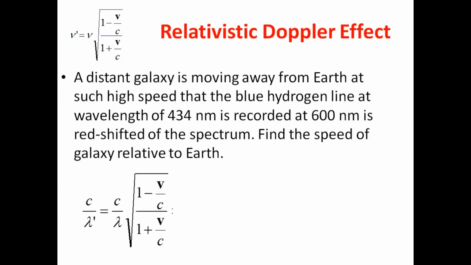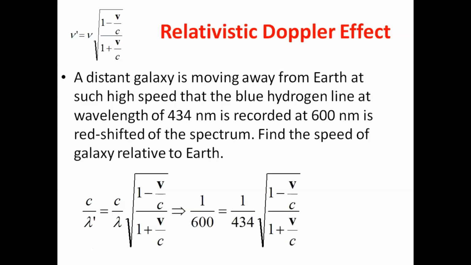So the obvious formula is we are replacing nu by c upon lambda and nu dash by c upon lambda dash. So c upon lambda dash equal to c upon lambda under root of 1 minus beta upon 1 plus beta. So here we have all quantities except v, and we can tackle this equation for v in terms of c.